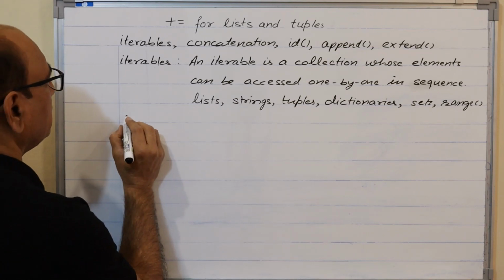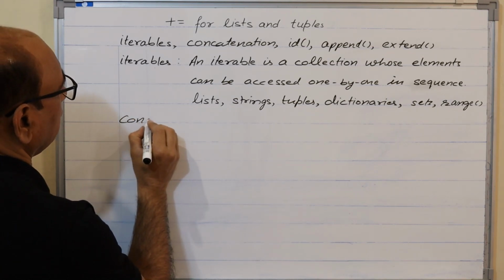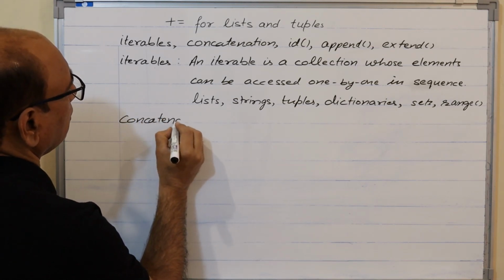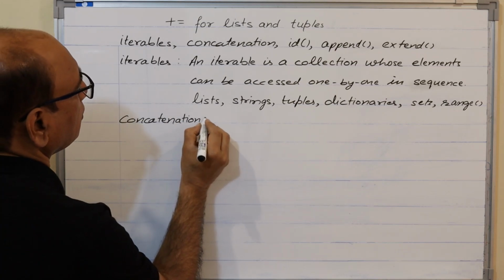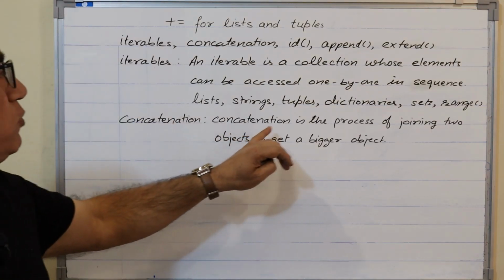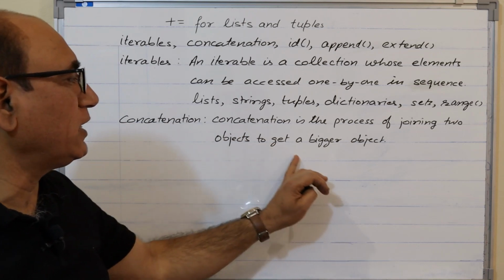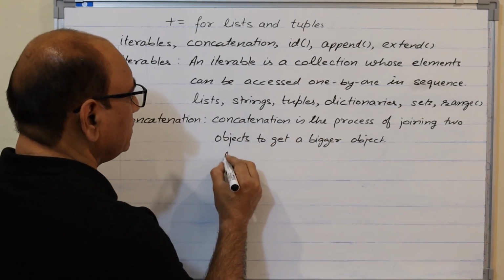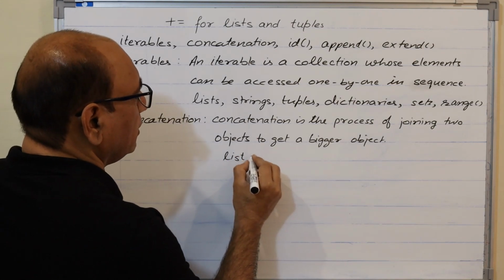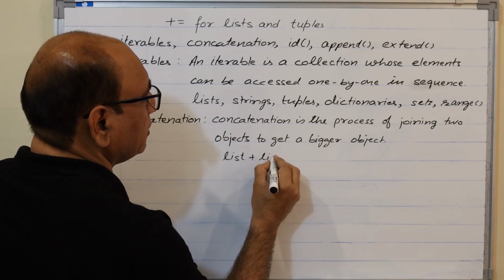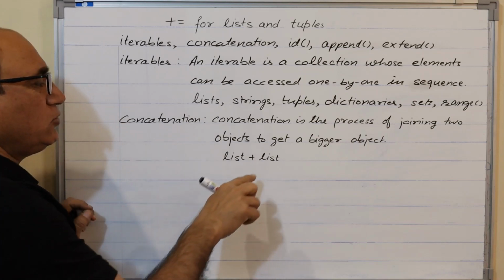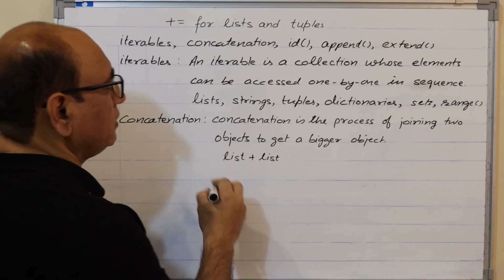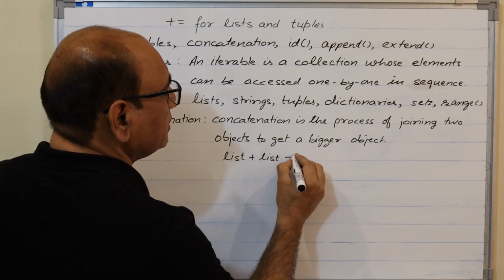Then what is concatenation? Concatenation is the process of joining two objects to get a bigger object. In Python, we can concatenate a list with a list, list plus list. Plus is the operator used for concatenation. List plus list will give us a bigger list.